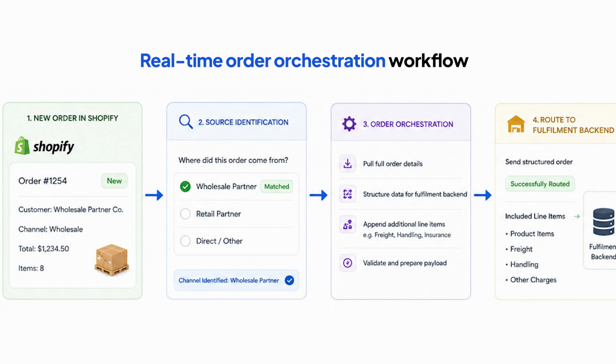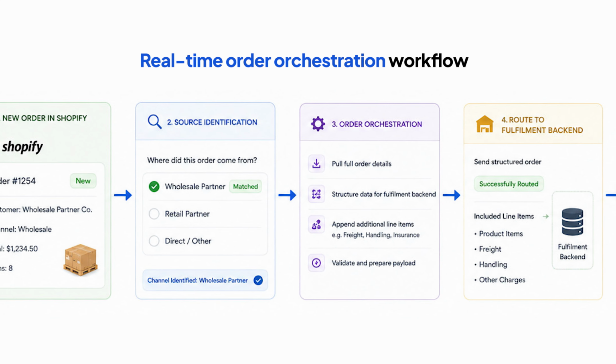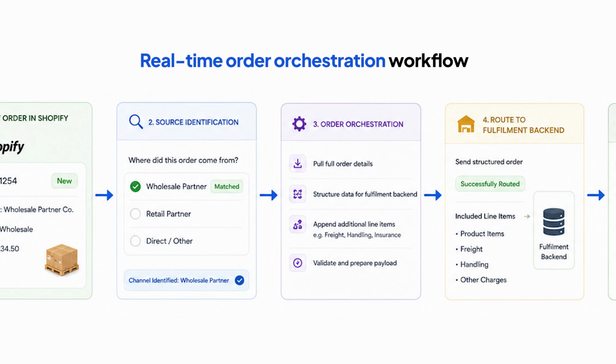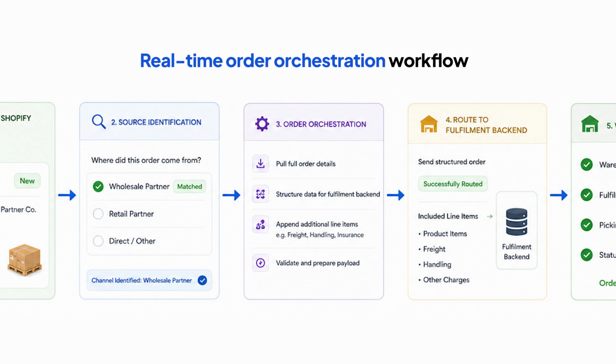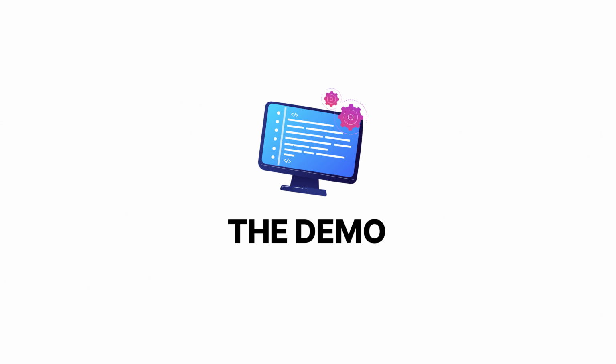If it belongs to a wholesale or retail partner channel, the workflow kicks in automatically. It pulls the full order, structures the data in the exact format the fulfillment backend expects, appends any additional line items like freight handling, and routes everything through the warehouse for processing. Fulfillment workflows trigger status updates, and if anything fails, the team gets an immediate alert before the customer is affected.